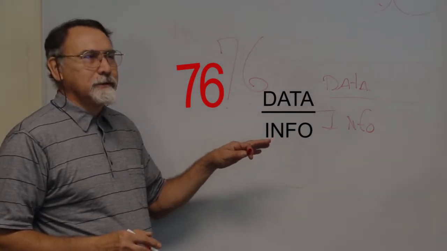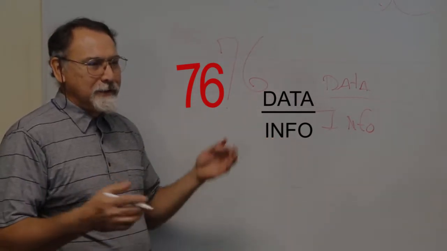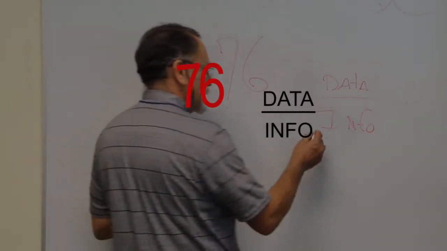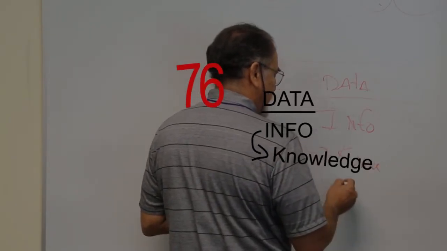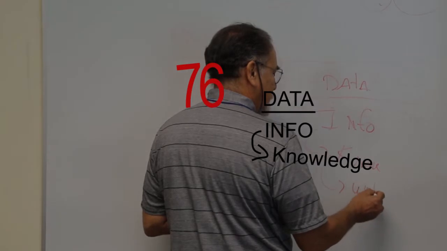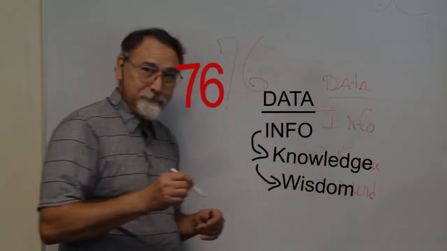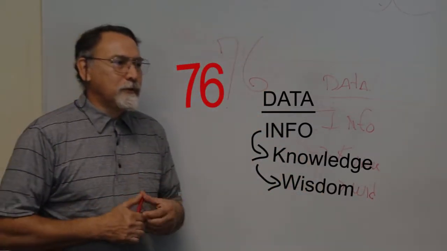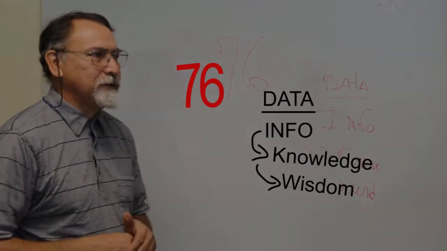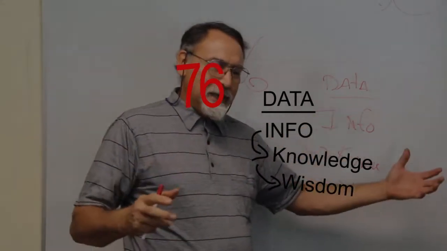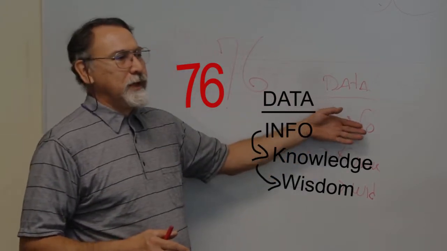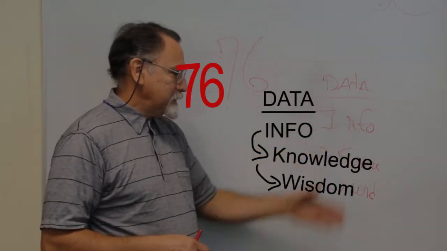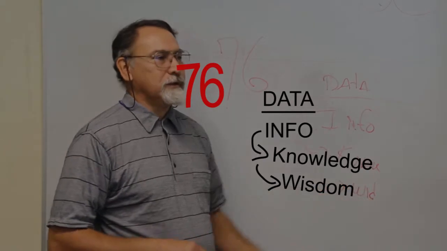Now, somewhere along the line, the idea is that information will lead to knowledge, and knowledge will lead to wisdom, in theory. That's the way it's supposed to go. So what we're going to look at in this chapter is how you have a lot of data that has no meaning. It becomes information when it has meaning, and then that becomes knowledge, and that becomes wisdom.